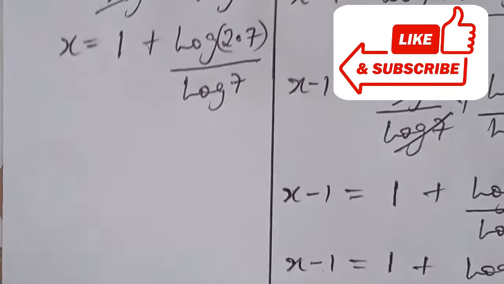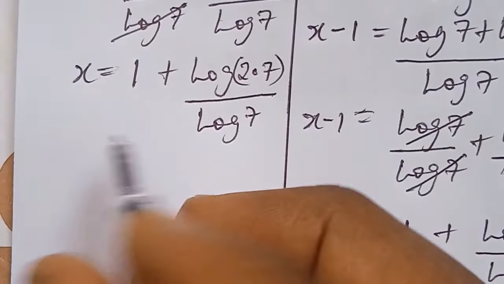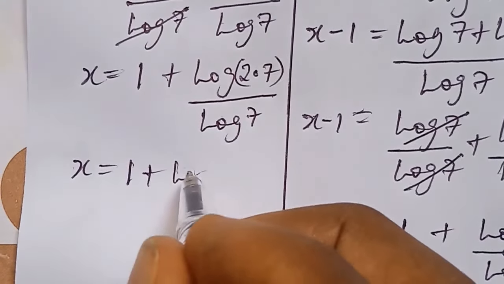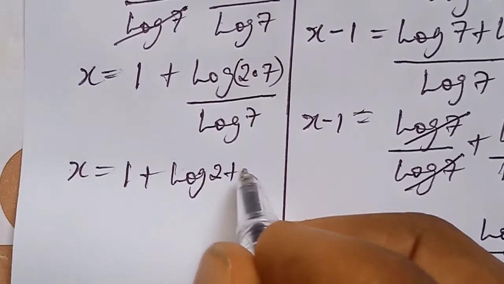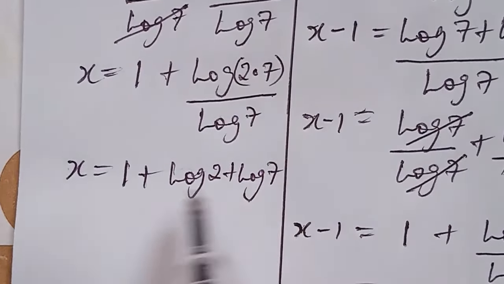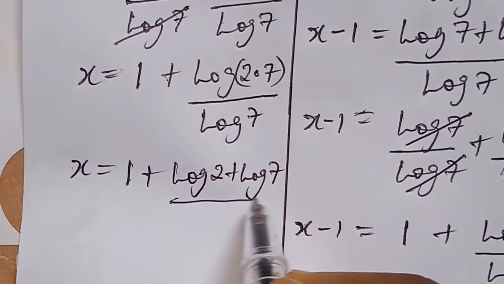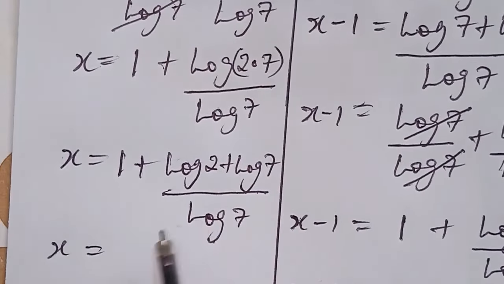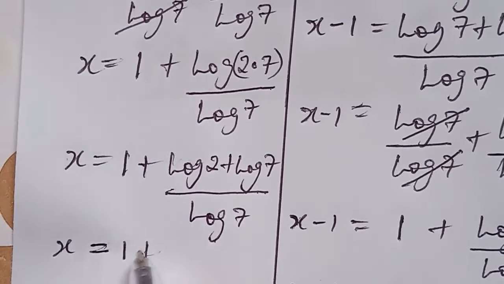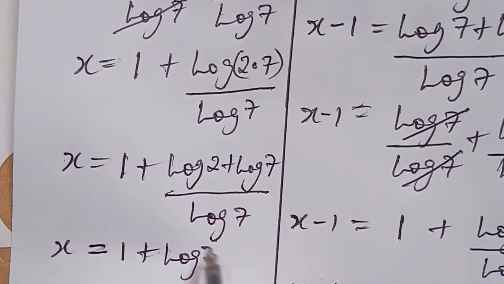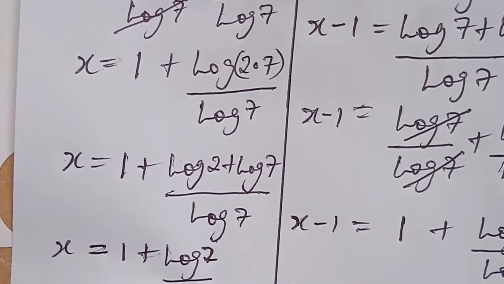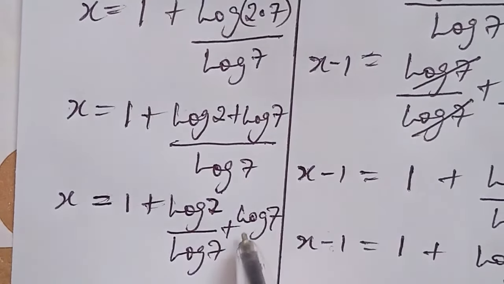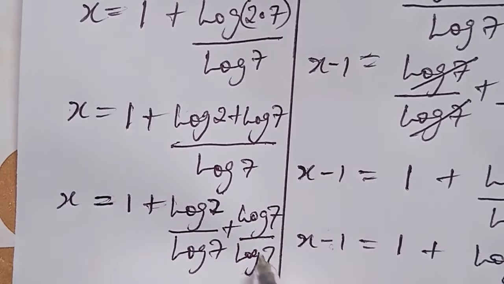So let's go back to the first method. From here we can write this as x will be equal to 1 plus log 2 plus log 7 using the previous identity, and that will be over log 7, and that is equal to x will now be equal to 1 plus log 2 over log 7, then plus log 7 over log 7.